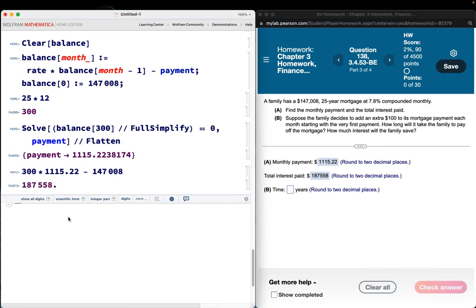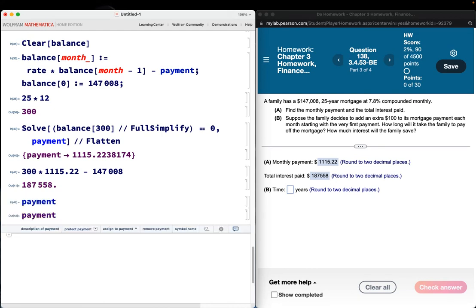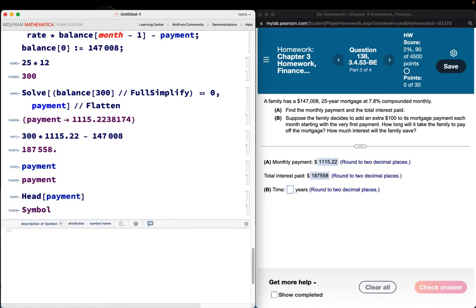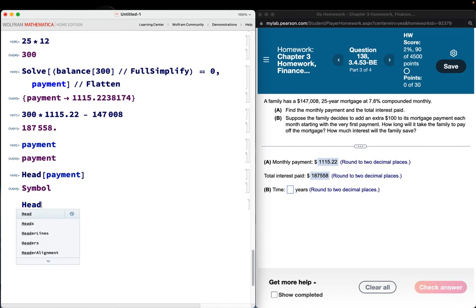So first of all, let's define payment, because right now payment is not defined. It's an algebraic variable. What is payment? Payment is a symbol. But if we do this, what is the head of 2?